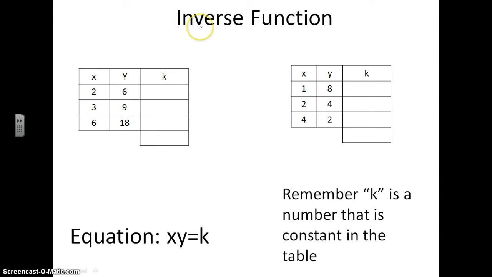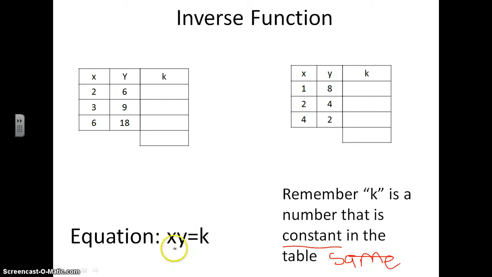We have inverse functions. Remember, the equation for an inverse function is x times y equals k. Okay, and remember that k is the number that is constant in the table. So k is going to be that constant that's in the table. And remember, constant means the same. So it's never going to change. Okay?